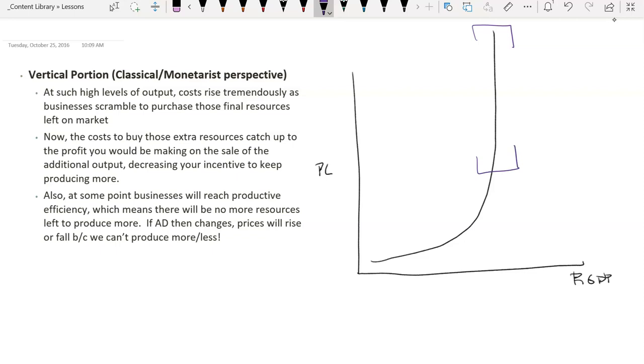And so what we see here, as the scarcity effect is really starting to kick in, the high levels of output have caused price levels and cost of production to rise tremendously as businesses attempt to gobble up the last available resources. So maybe at, let's say, this part right here, price level 6 and Y6, this unemployment rate may be, let's say, 3.5%.